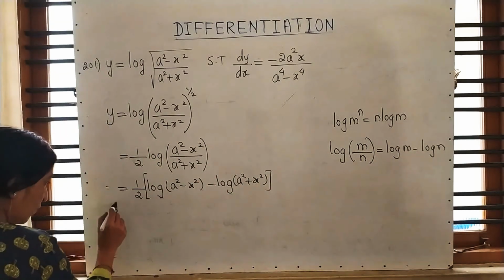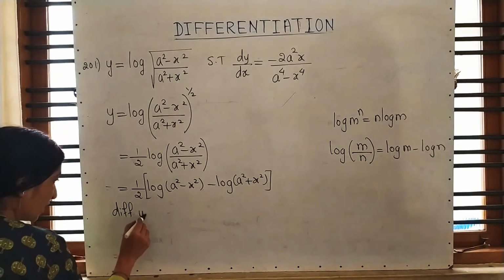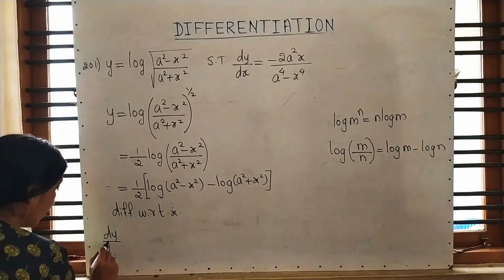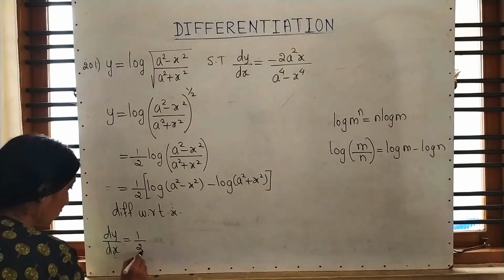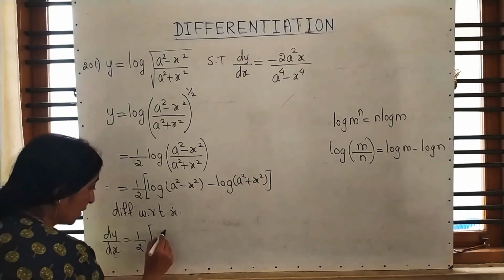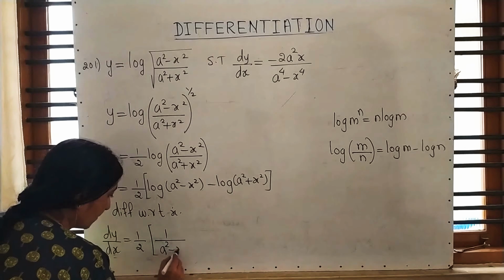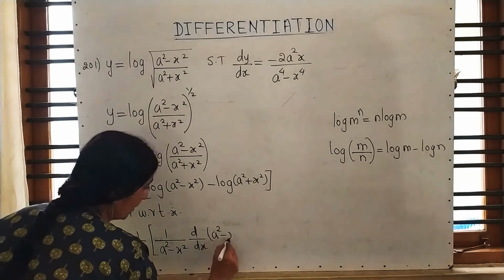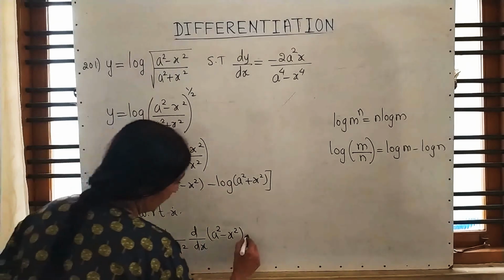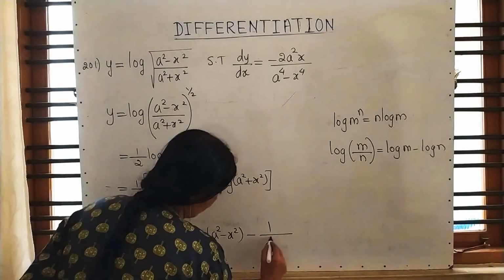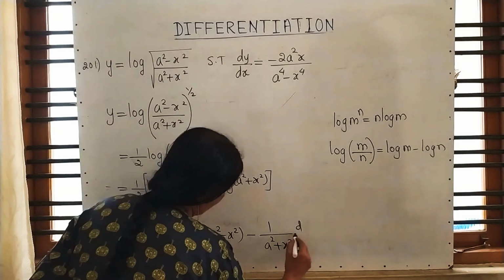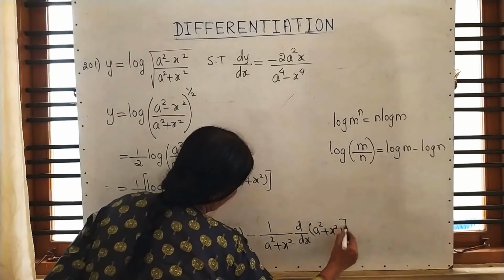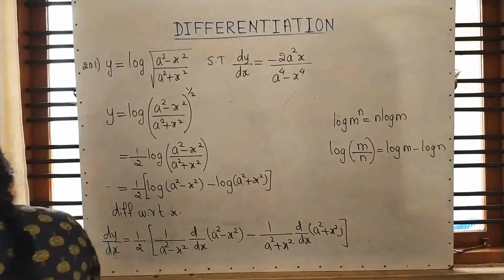Applying those basic properties. Differentiating with respect to x, dy upon dx is equal to 1 by 2. Differentiation of log is into differentiation of a square minus x square minus a square plus x square into differentiation of a square plus x square.